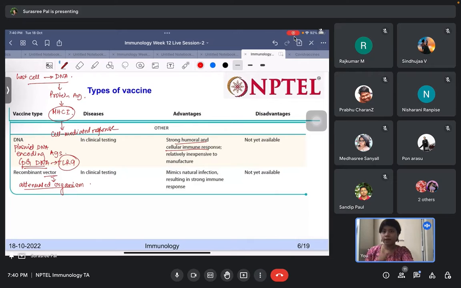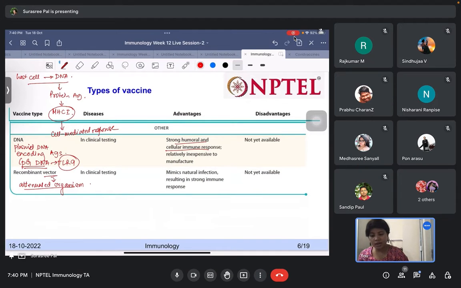Okay, and one thing is that since this vaccinia virus, if you remember this experiment by Edward Jenner, can also be introduced into the host by just scratching the skin, or by causing a localized infection.